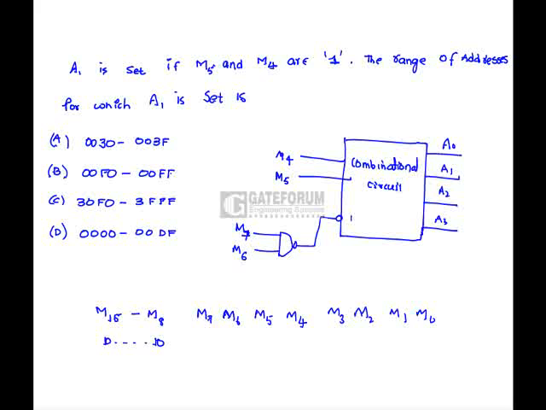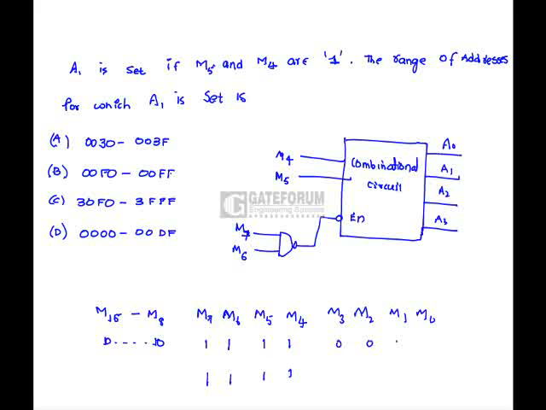See, for the combinational circuit to enable, M7 and M6 must be 1. Then only the combinational circuit is going to be enabled. So M4 and M5 must also be 1 in order to set the A1 line. So this combination should always be this way. Then only the combinational circuit is going to work and the A1 line is going to be set.